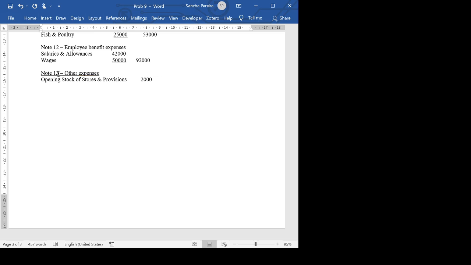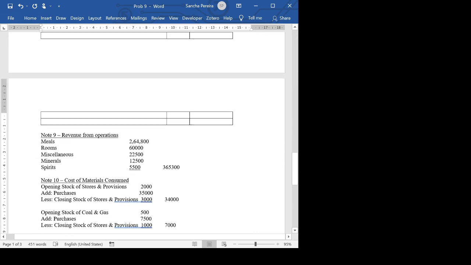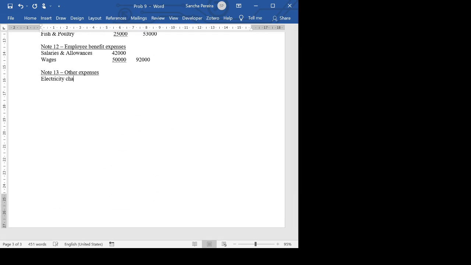So here we have electricity charges 5,000.